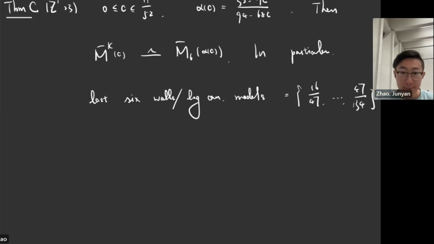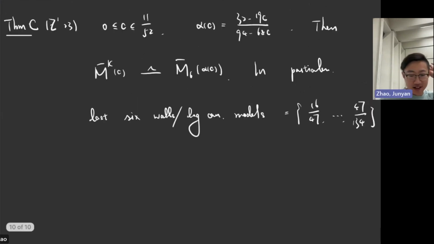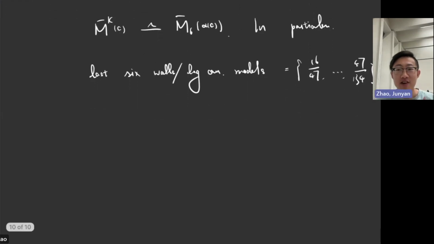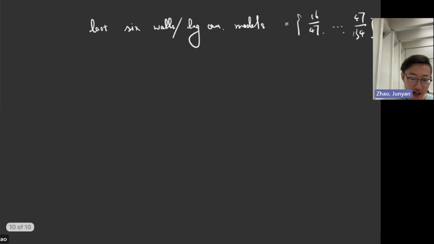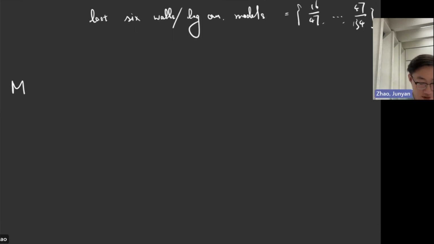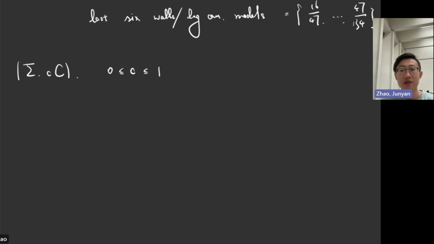Okay, so in the last minute, I want to give you a similar picture as I showed you in the perfect model for the genus 3 curve before. So again, remember we consider the pair (Σ, cC), where you can vary c between 0 and 1.